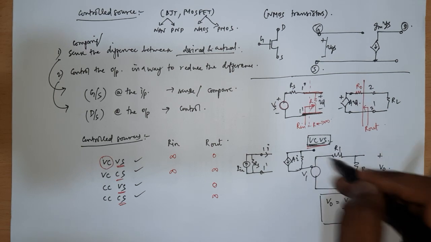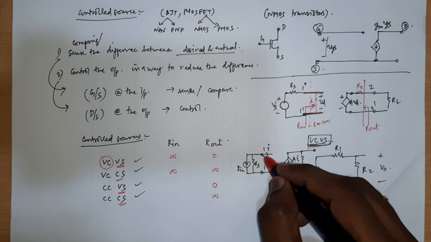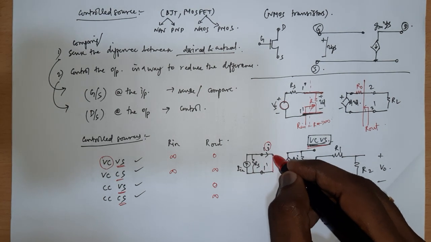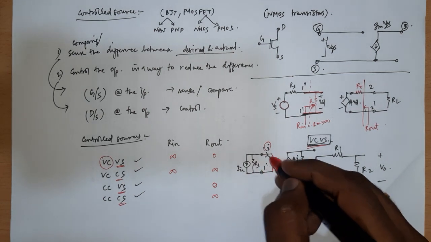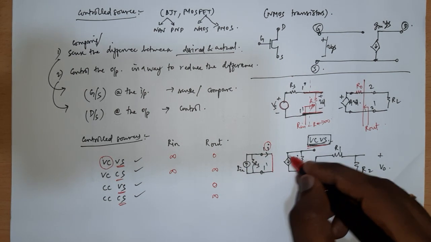And at the output it is like this. Now I want all of this current to flow here through this I. It is only possible when there is a short here. Then only all the current will flow here and I will be equal to I in, and that will exactly control this particular current source.